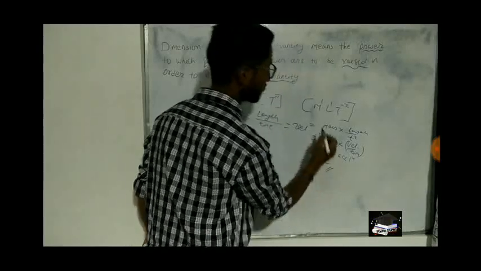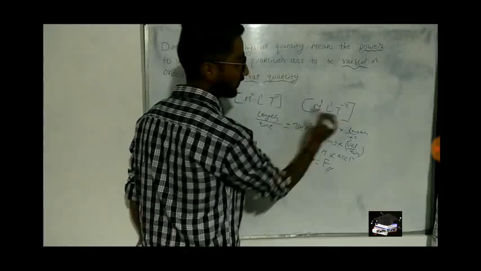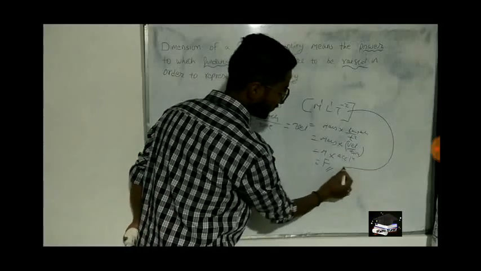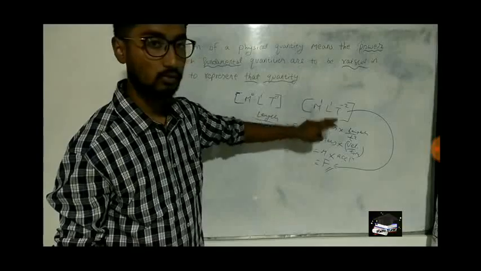This is the dimension for force. So if we give power 1 for the mass, power 1 for the length, and power -2 for the time, what quantity will we be deriving? We will be finding the dimension for force. Yeah, this will be the dimension for force.